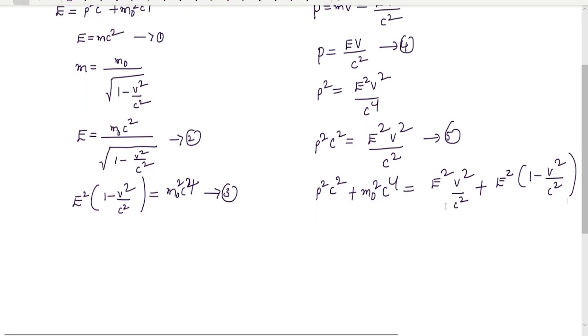Okay, so this one and this one are going to cancel after simplifying. Remaining we got only E square.